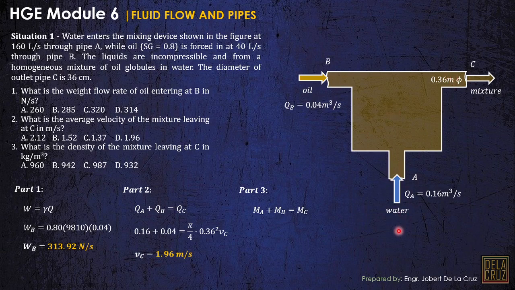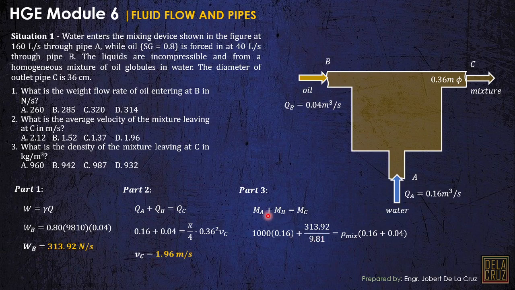Here, the water at A and B enter and mix, so we get an average density which comes out at C. So the mass flow, we know the formula is density times discharge. Here the density of water is 1,000 kilograms per cubic meter times the discharge of 0.16, plus the mass flow at B, which I expressed as the weight flow of B over the gravity.